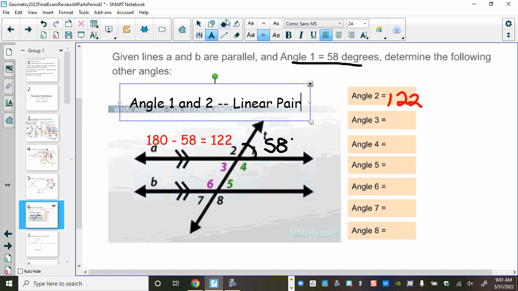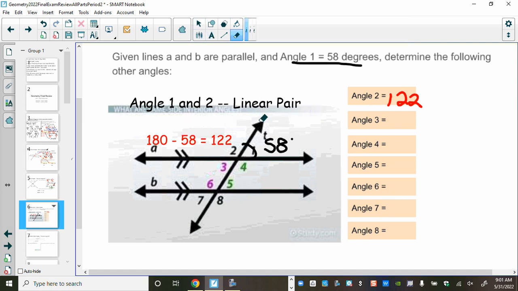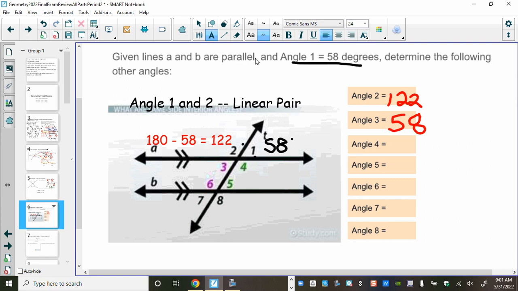Look where they are. There's angle 1, there's angle 3. What's their relationship? They're congruent. But who can tell us why they're congruent? Okay, good enough for me. Vertical angles, so 1 and 3 are vertical angles. Good enough.